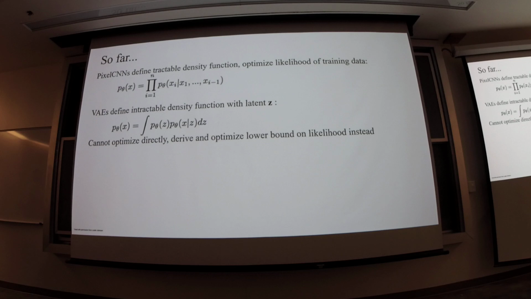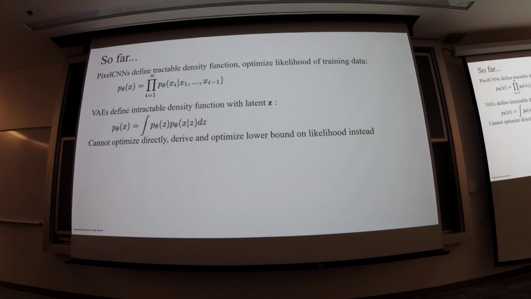The main difference between pixel CNNs and VAEs is that pixel CNNs define tractable density functions, so we can learn the probability of the data directly, but only when this is tractable.